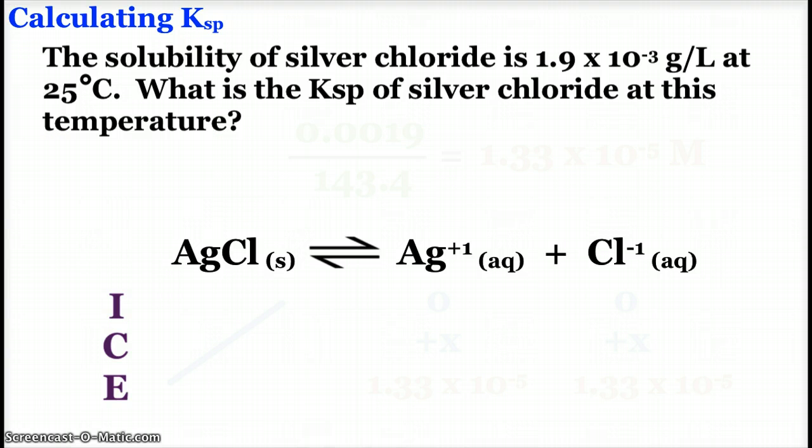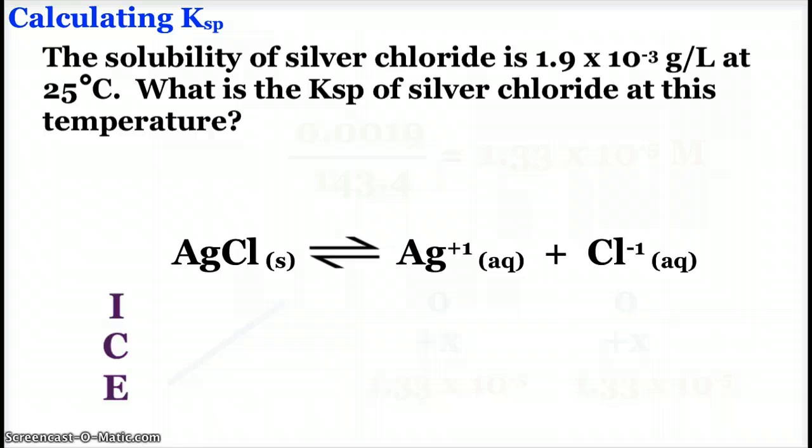Alright, so like we did with all of our other Ks, we can first calculate the K values. These are a little bit different because most of the time you'll see your solubilities reported in grams per liter. And when we want to go into the ICE table, of course, we want to have it as concentration, moles per liter. So silver chloride's solubility is 1.9 times 10 to the negative 3 grams per liter.